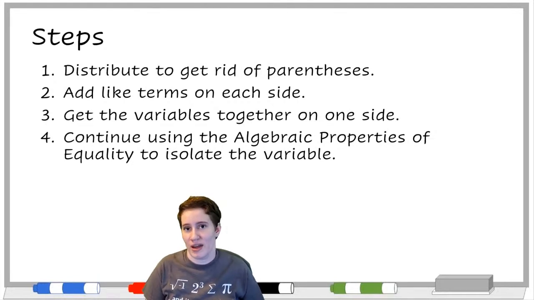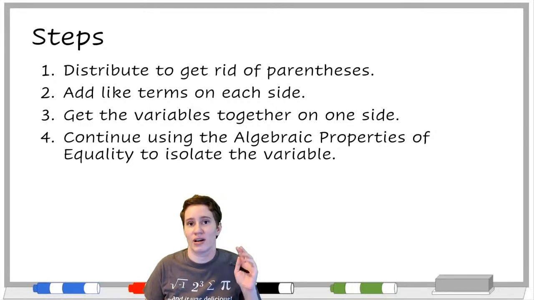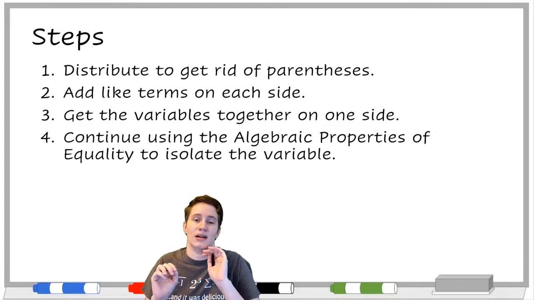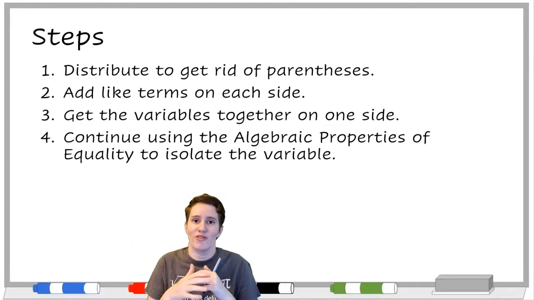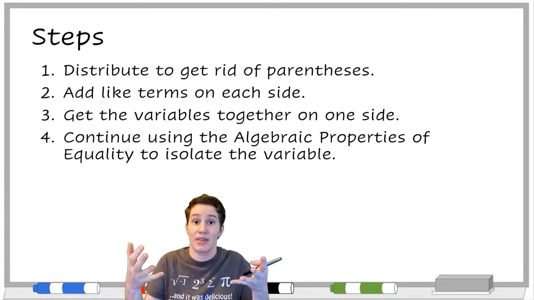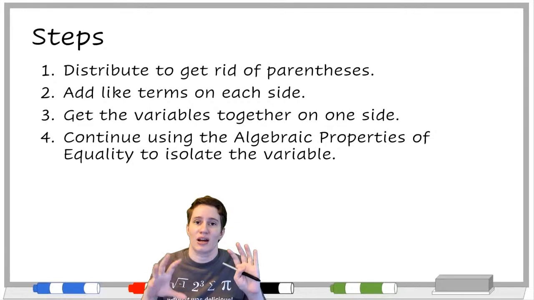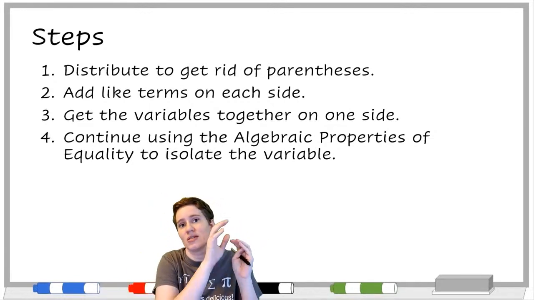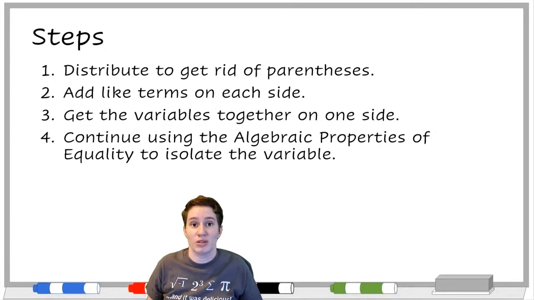Once we've got that done, our equation should look like what it did last lesson, where we will most likely have a variable on each side and a number on each side, because we've combined all like terms. So we won't have more than that, but we should have that on each side. And once we're there, then it's time to get the variables together, get the numbers together, and finish solving like what we've been doing.